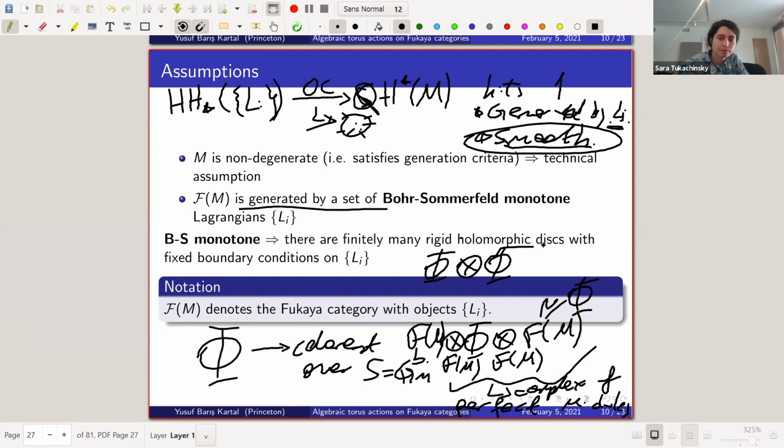Other questions? I have a question. Sure. I'm not sure if this makes sense, but I feel like Seidel's representation is included there somehow. You can define the Seidel Lagrangian representation as an action of pi1 of Ham on the Fukaya category.